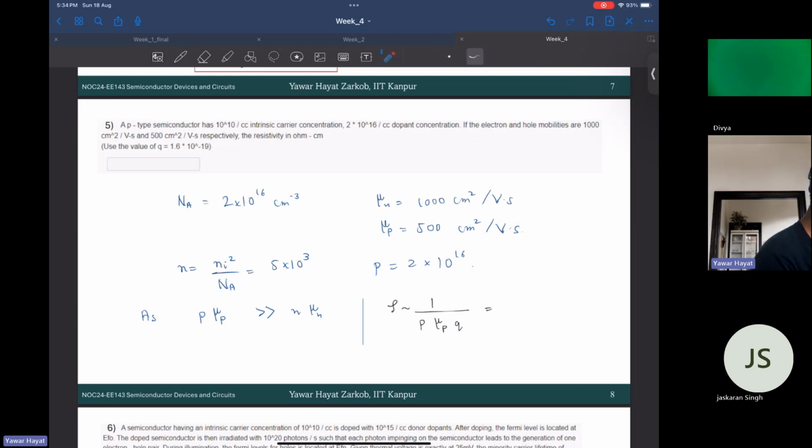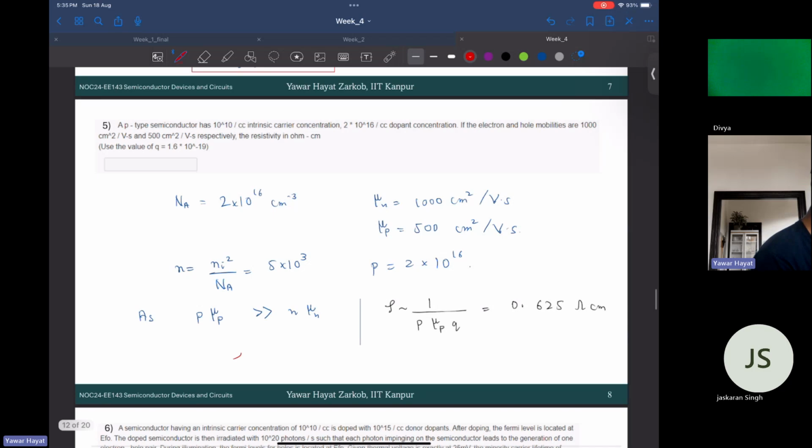Because this one dominates. I mean, we do have that N mu N Q, but that is negligible. So if you solve it, you'll get 0.625 ohm centimeter. So that is your required answer. Your rho resistivity is 0.625 ohm centimeter.